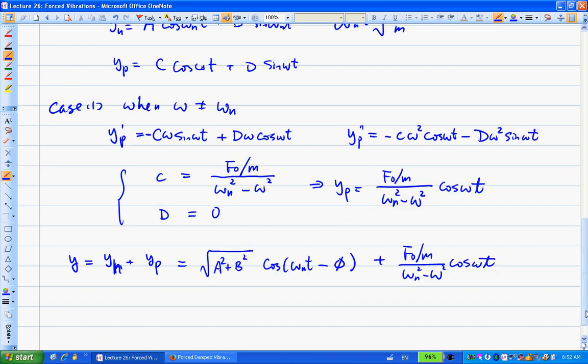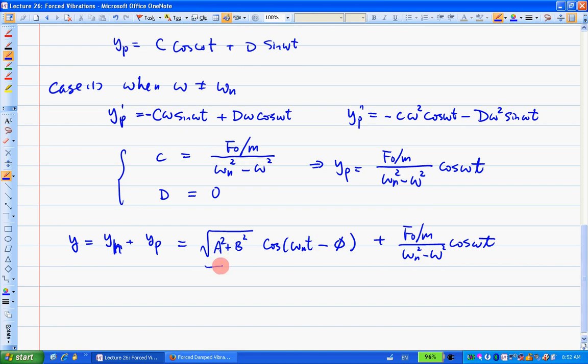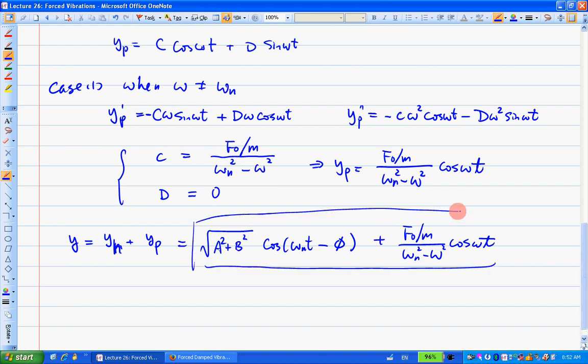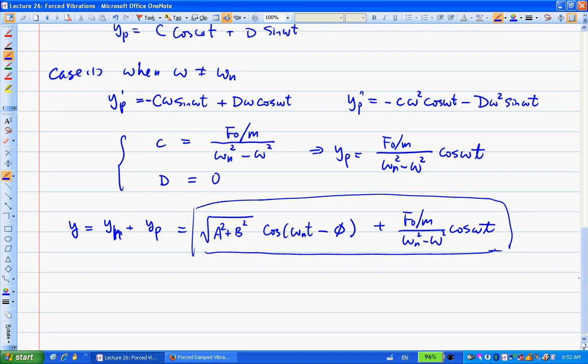Now the question is, here is a general solution with a certain physical system, and your input is omega. So let's take a look at this responsivity, to see how the response changes as we change omega. Here's the undamped system. First of all, this is a sinusoidal part with constant amplitudes A and B, which depend on the initial condition.